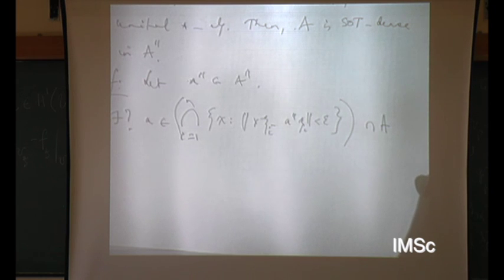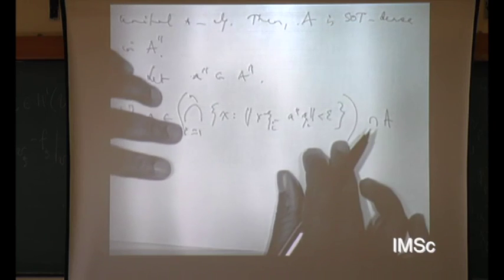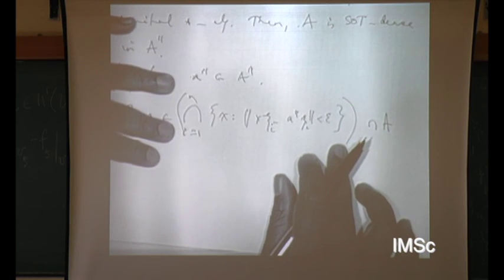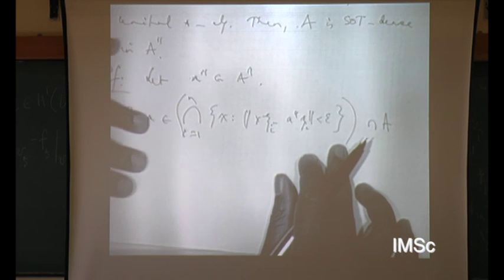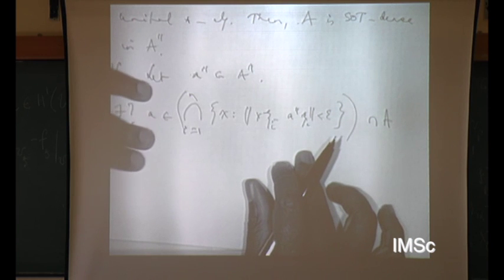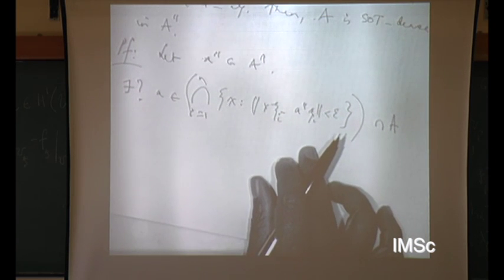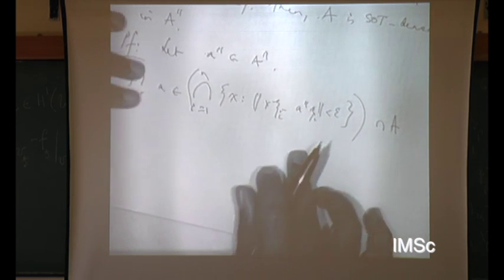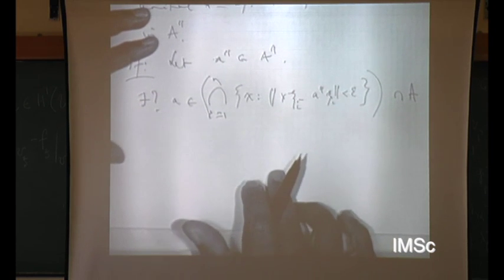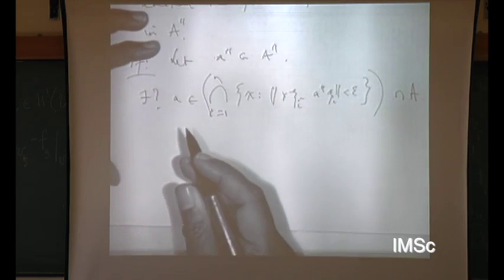Is this clear? This is what a basic open neighborhood of A double prime looks like, and you want to show that every basic open neighborhood of A double prime contains things in A. So this is what we'll have to do.